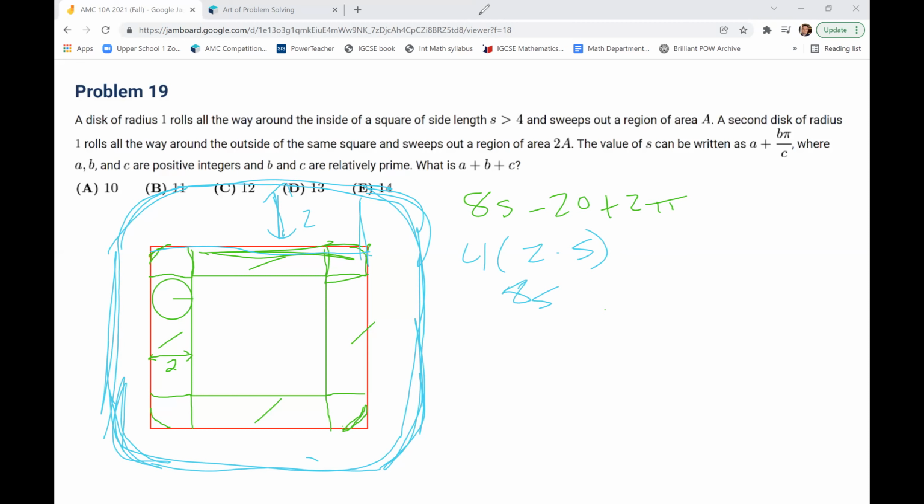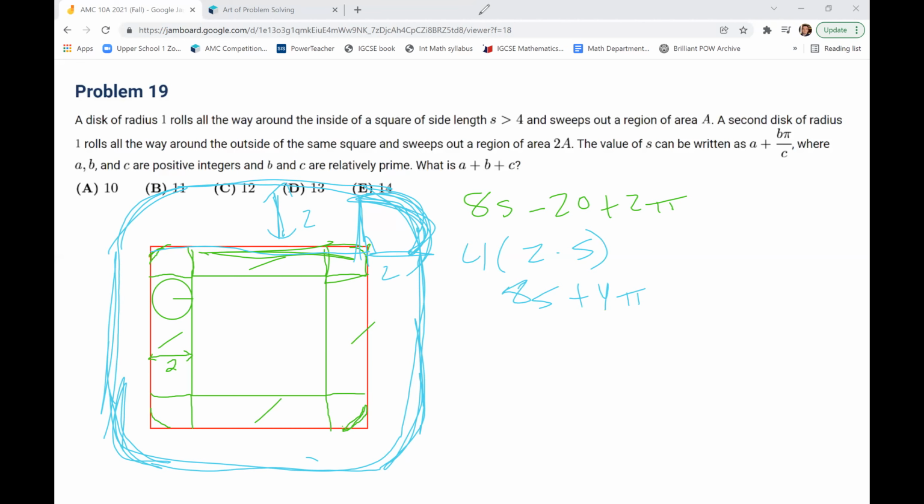Plus these, and now these are quarter circles with a radius of 2, because this distance is 2. If you add them together, you get a full circle with the radius of 2, pi 2 squared, 4 pi. So you get 8s plus 4 pi.